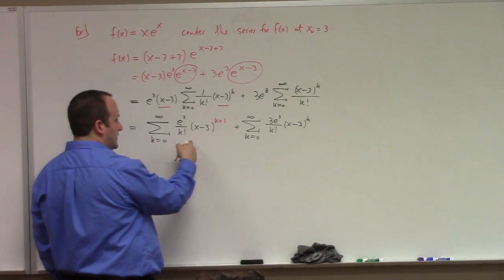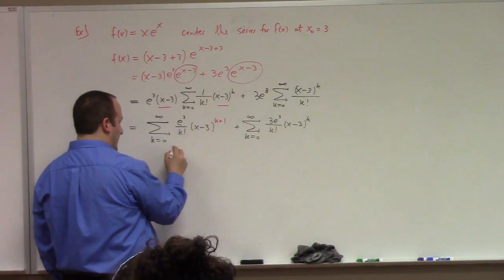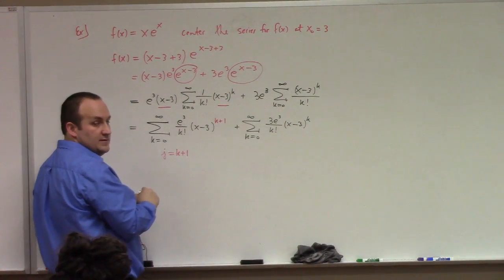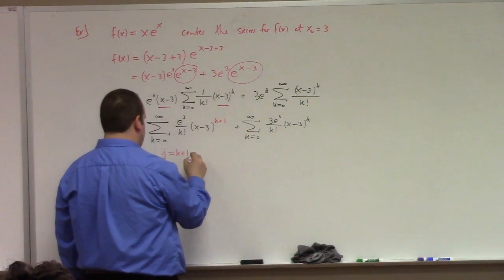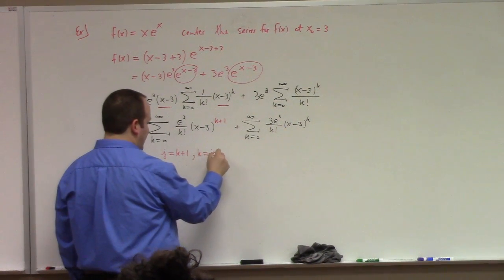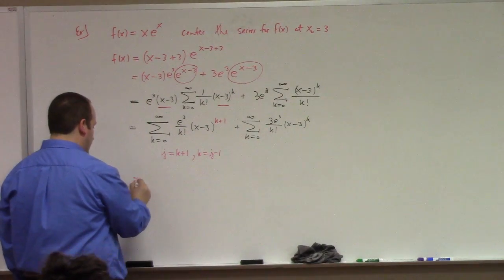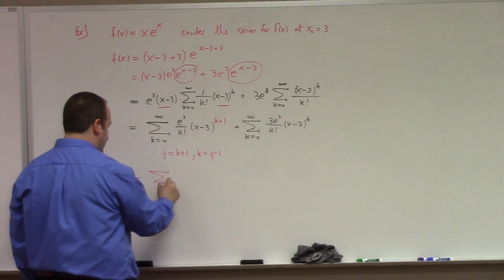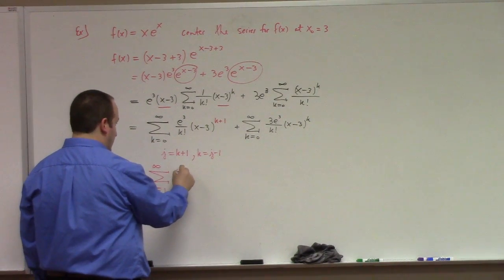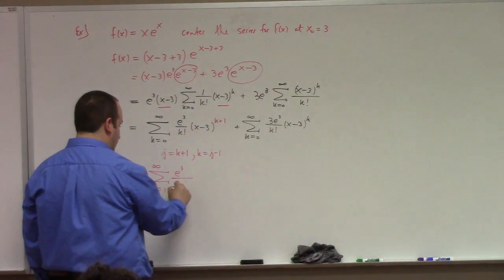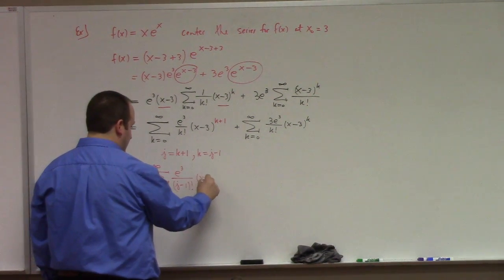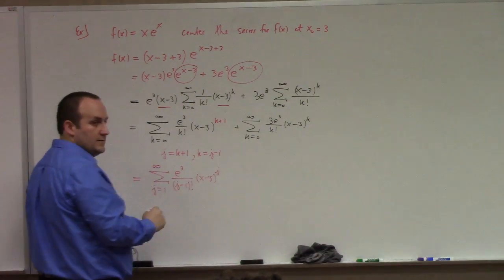So what I'm going to say is I'm going to let j equal k plus 1, right? And that makes k equal to what? j minus 1, right? And so with that substitution, I get the sum j equals 1 to infinity of e to the third power divided by (j minus 1) factorial, (x minus 3) to the j power, right?